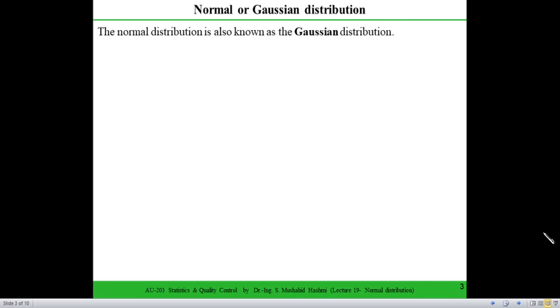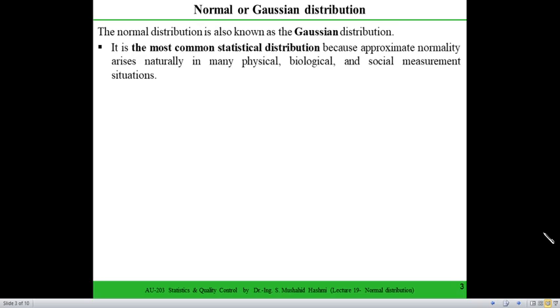So the Gaussian distribution is actually called the normal distribution. It is one of the most common statistical distributions, which arises in so many applications in physical sciences, biological sciences, social sciences, and on so many occasions where we are conducting measurement.